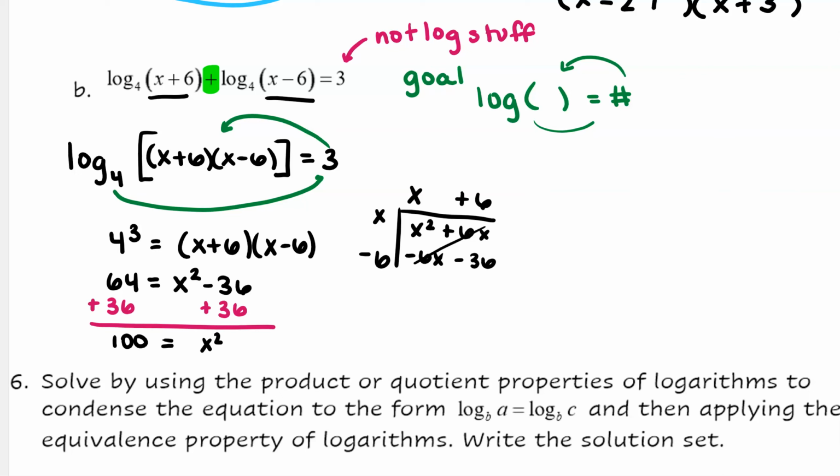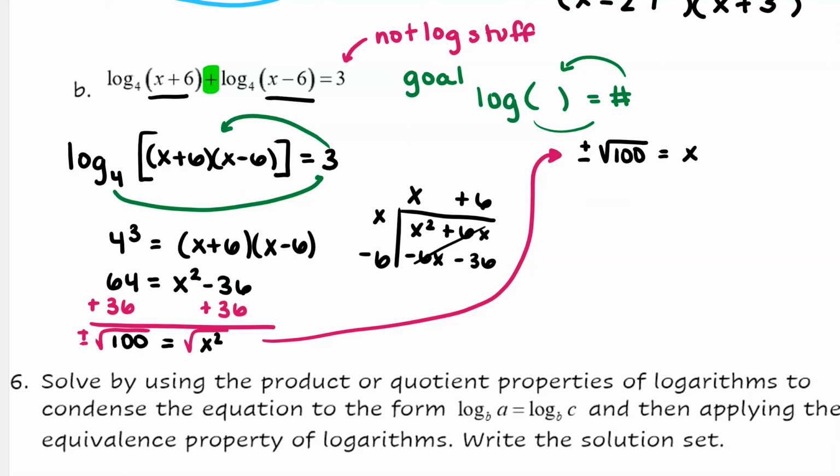And now to kill a squared, we square root. But when you do that, you have to tack on plus or minus. So we'll go all the way over here. So plus or minus the square root of 100 equals x. But I could do the square root of 100, that's 10.